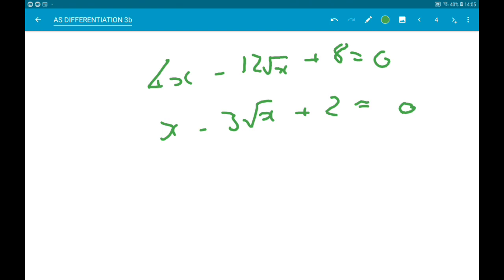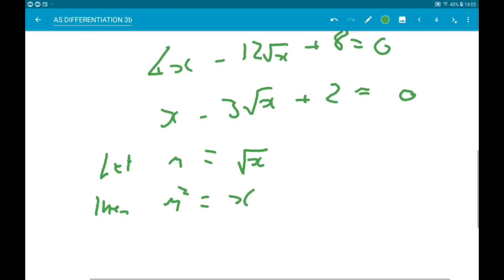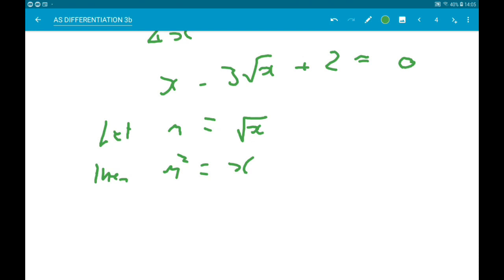So, if we let some letter m be root x, then m squared is x. So the quadratic is then m squared minus 3m add 2 is equal to 0.